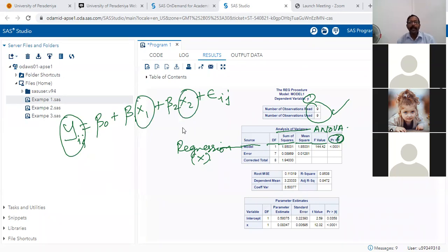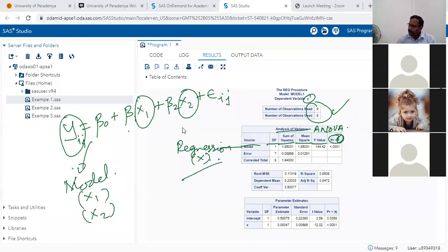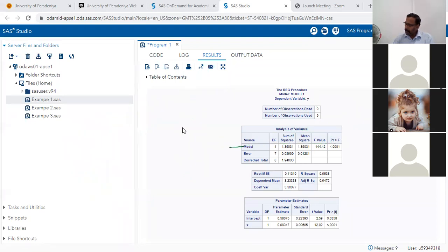So 3 variables are there, so that is why it is giving a model. In this case, it will give a model, source of variance, which indicates our X1 and X2. But in our case, we don't have other than X as the independent variable, so we could say regression is the model. Then we have error, then we have total, corrected total.